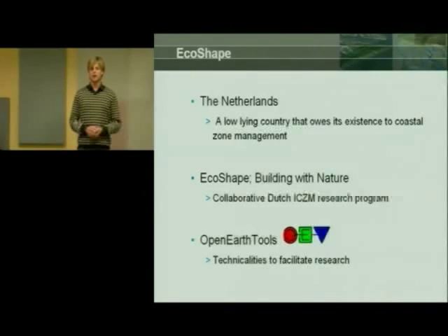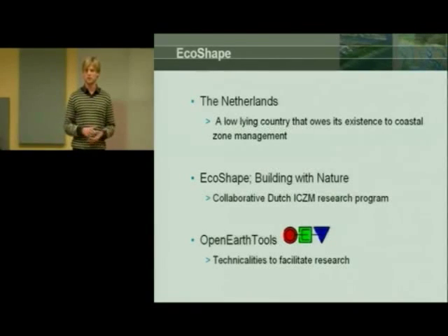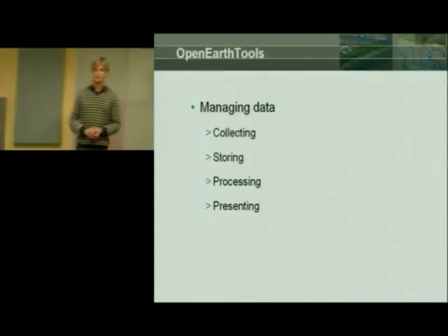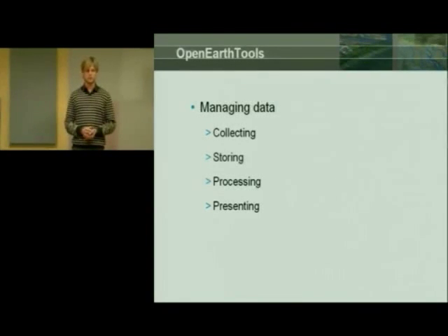Now, within EcoShape, we have a thing called Open Earth Tools, and that's the geeky part of it, the technicalities to facilitate the research. Of course, when many people do a lot of research, you need some technical infrastructure to help you out. So Open Earth Tools is all about managing data, because the research we do is mostly about managing data.